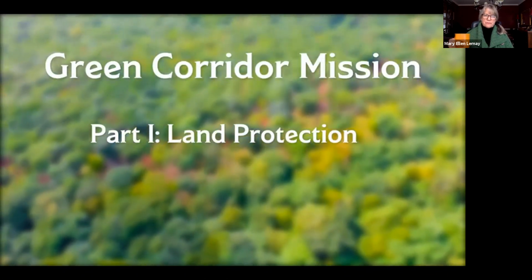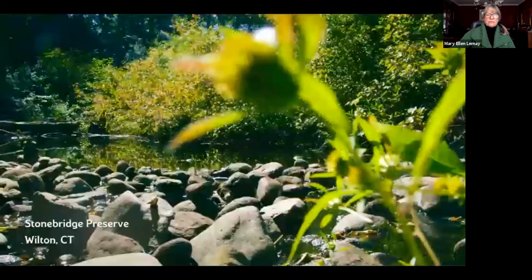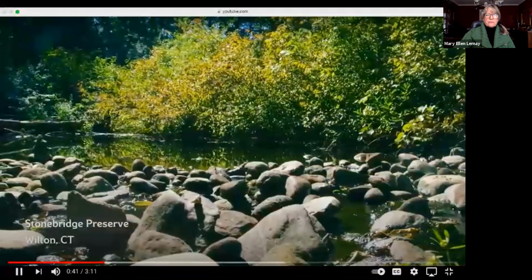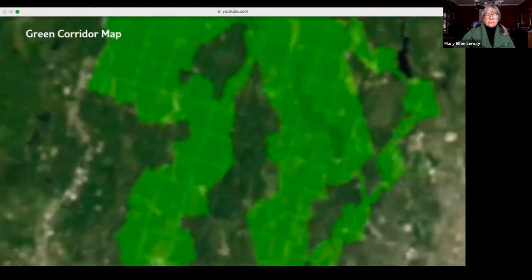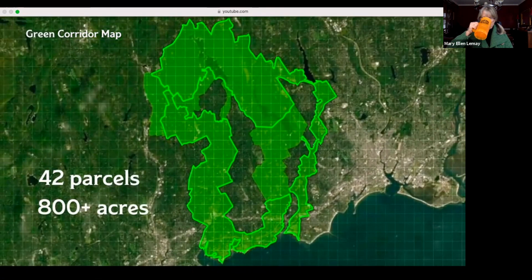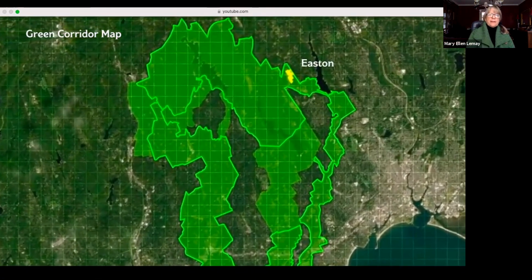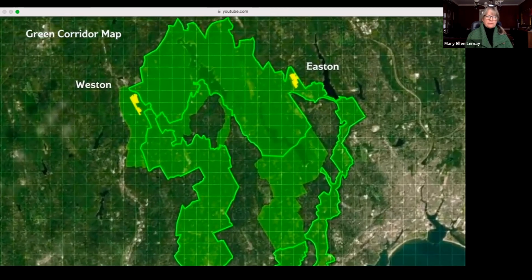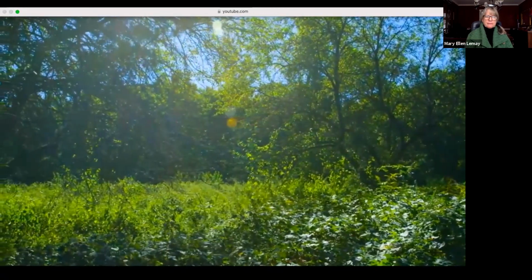We are preserving strategically located land parcels in our 6-town region by either purchasing them or receiving them as donations. So far, this includes 42 parcels and over 800 acres of land. Among those are Gilberti's Farm and the Fromson Strassler property in Weston, where we are creating a 705-acre forest block on the Weston-Wilton border.